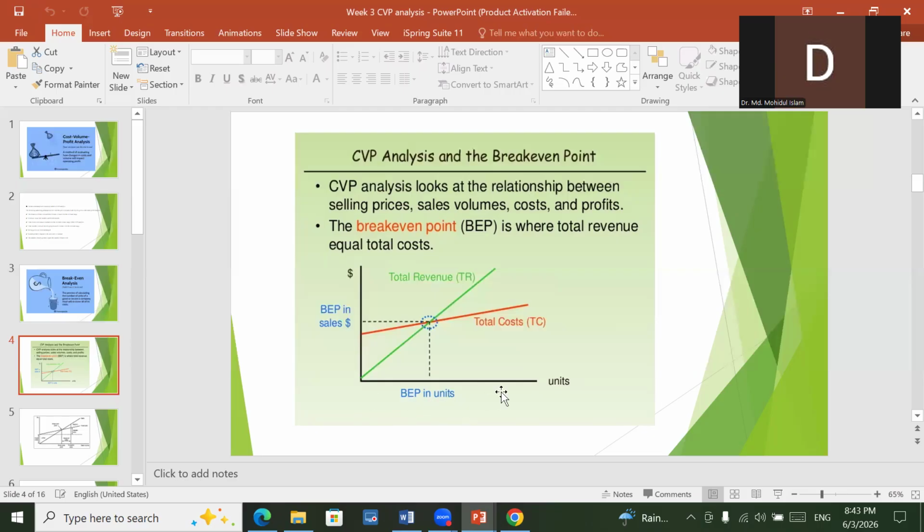This is the unit area. This is the sales area. So when I try to sell, revenue will come. This revenue originates from the corner, and with increasing sales, the line also increases to the upper side.